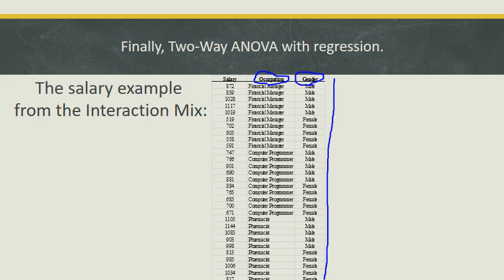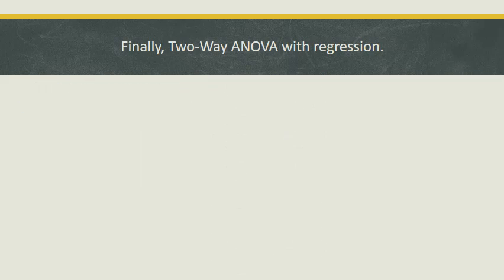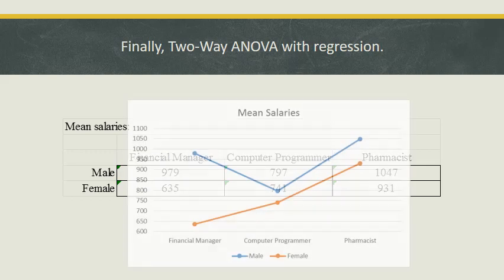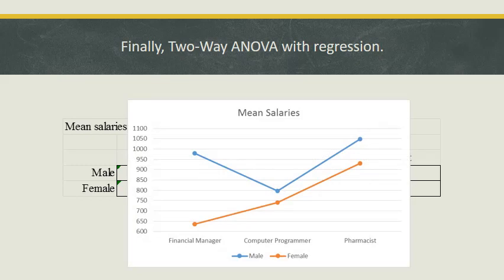And let me just remind you about this data set. Here are the factor level combination means. And this is the graph, clearly showing the interaction.